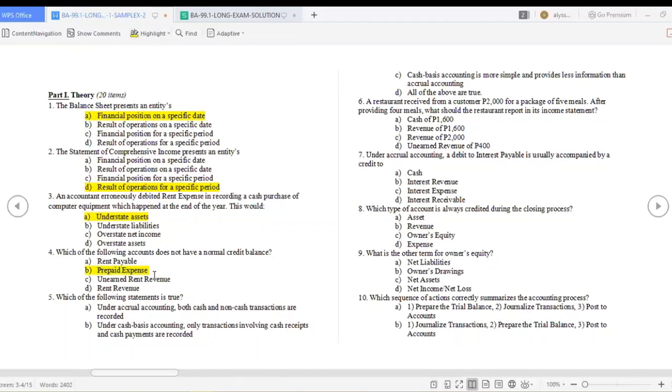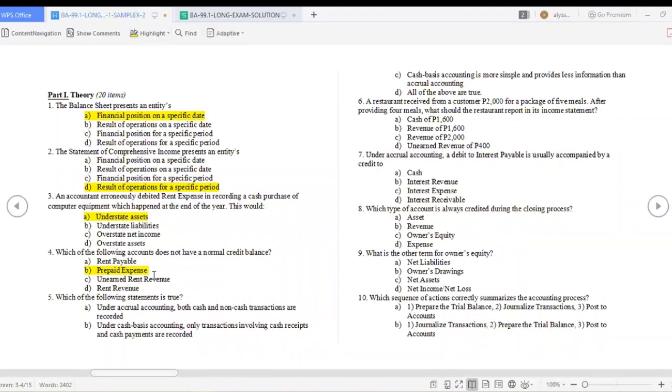Number 5, which of the following statements is true? Under accrual accounting, both cash and non-cash transactions are recorded. So this is true. Letter B, under cash basis accounting, only transactions involving cash receipts and cash payments are recorded.